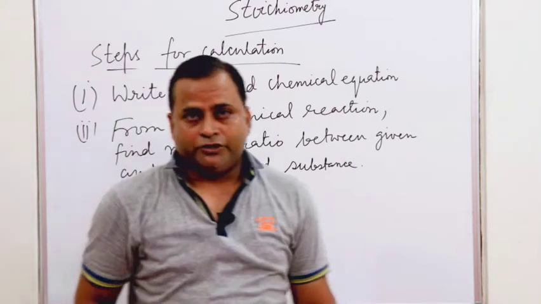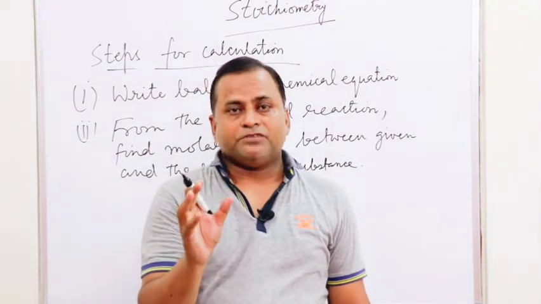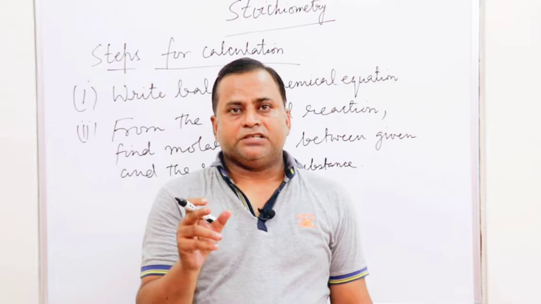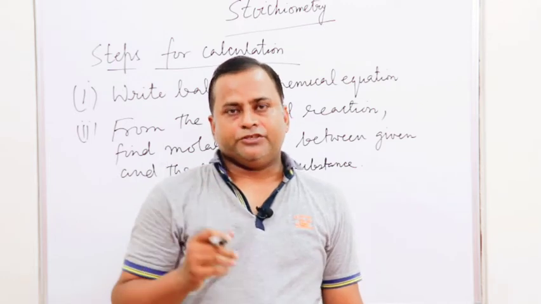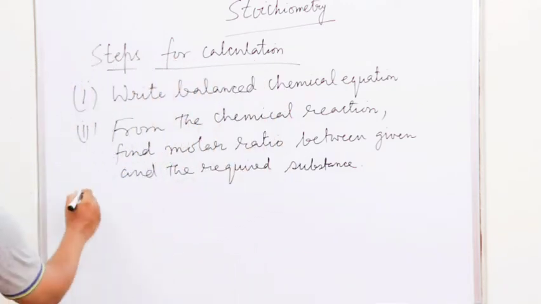Whenever we are solving a question, we are given some parameters. So from the given parameters, we have to try to find a molar ratio. So that is the second step.